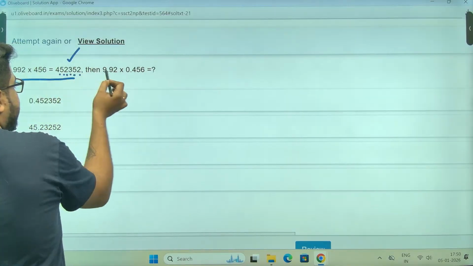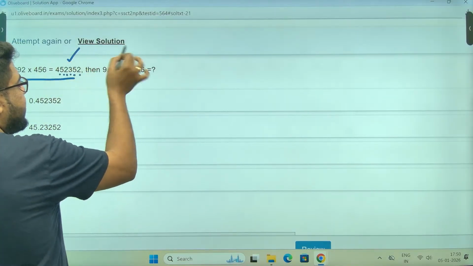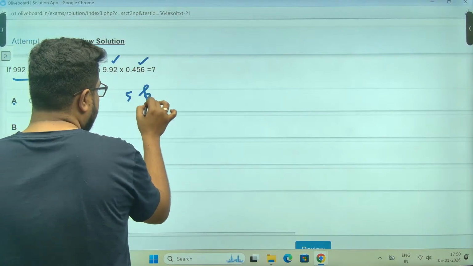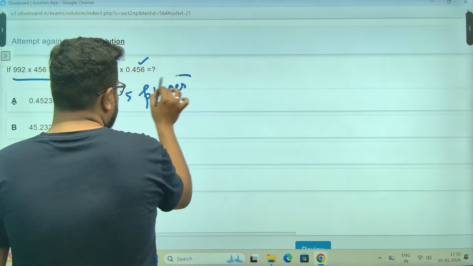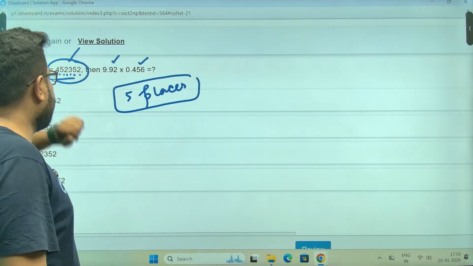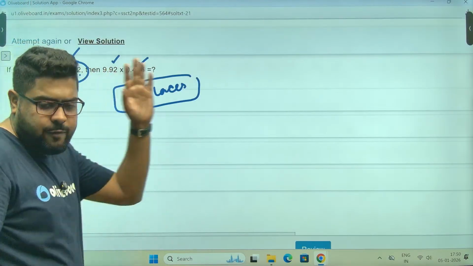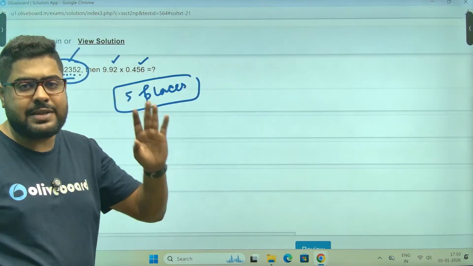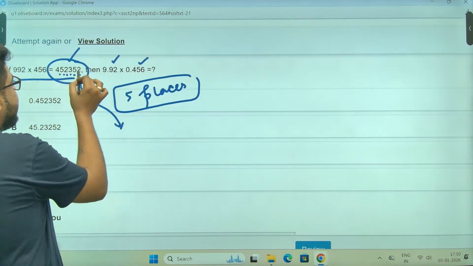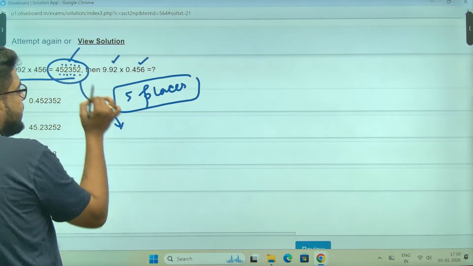Sir, here the difference is after decimal, 2 places, 3 places, total 5 places. So again, I will have the same number. Only thing, after decimal there will be 5 places, meaning my answer has to be 5 places. 1, 2, 3, 4, 5.